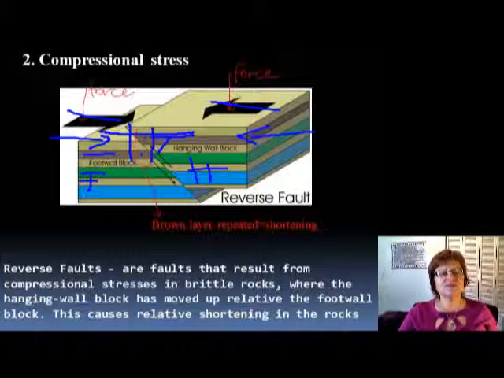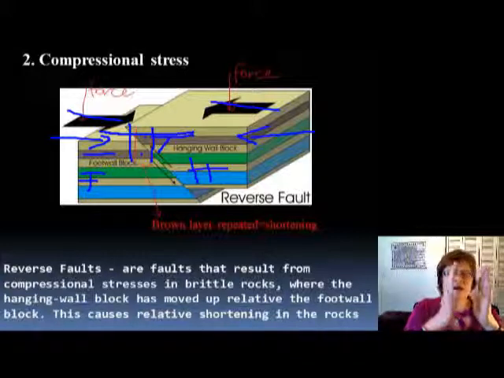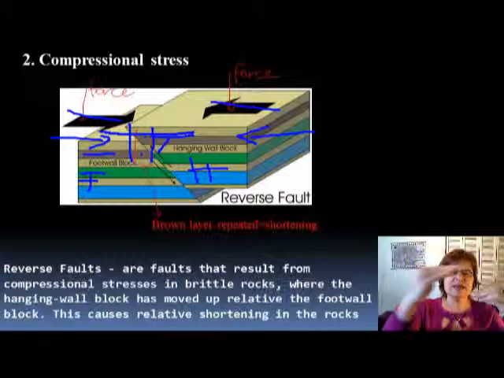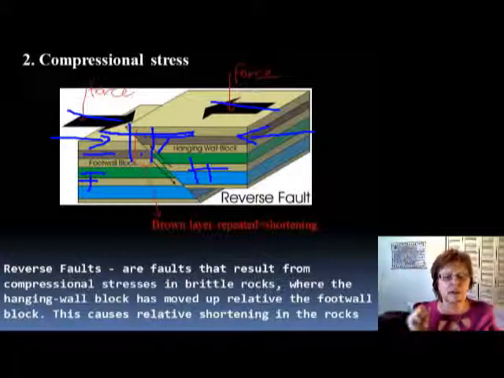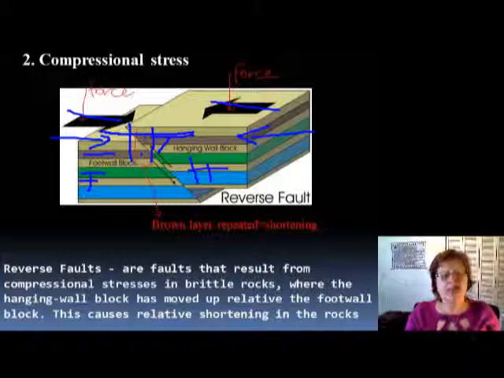So it's very easy to see that it's a reverse fault, because when you have a reverse fault you will have the same layer repeating on top of each other, because that's when one block is moving over the other one, and that is what we call relative shortening. It's compressional stress, and it's going to be on convergent plate boundaries.